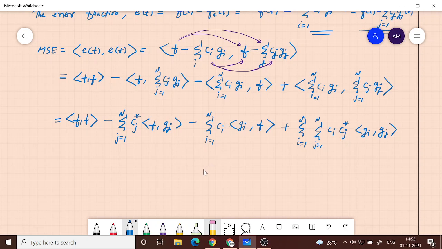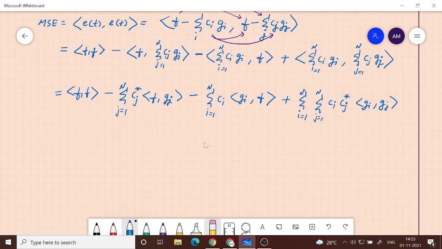So now we are almost there. But one observation. In the second and third terms, we have a summation. There are n terms here, n terms here, so I can combine these two terms. So this is ⟨f, f⟩ minus Σ. I can use i only to write both terms, just like I did earlier.